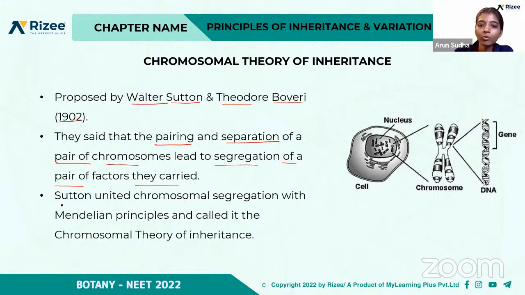So he united the chromosomal segregation with Mendelian principles. Both chromosomes and genes occur in pairs, and he linked the chromosomal segregation with what Mendel said as factors or genes. And he called it the chromosomal theory of inheritance.